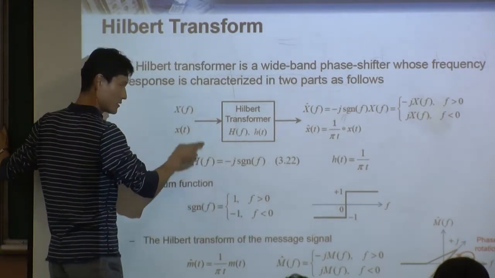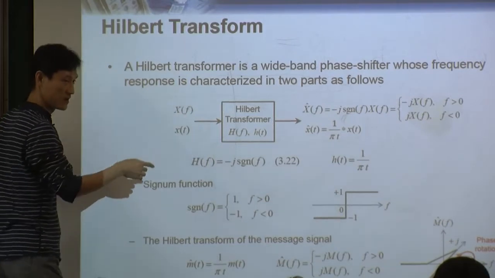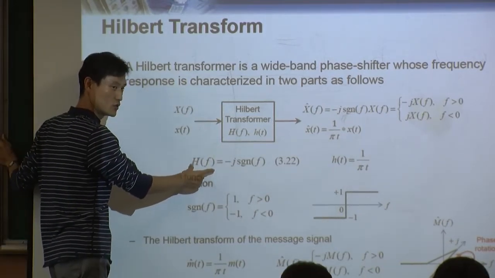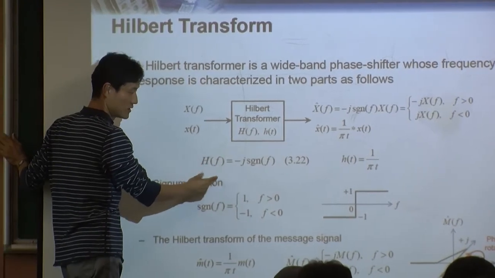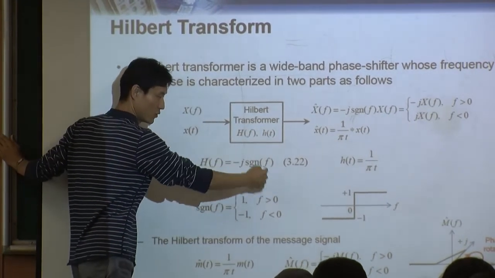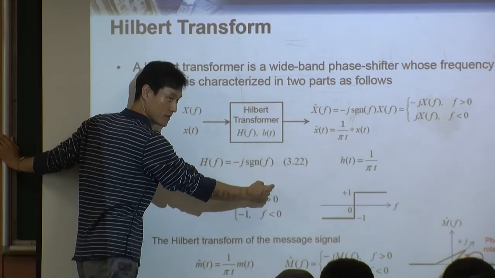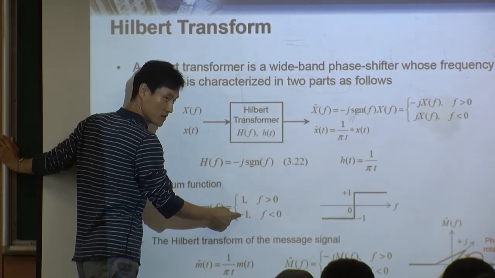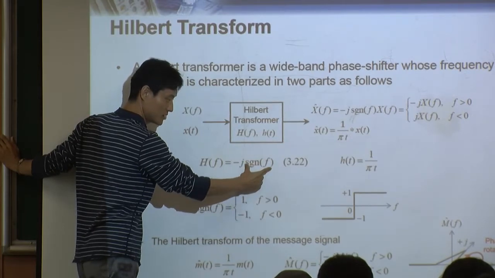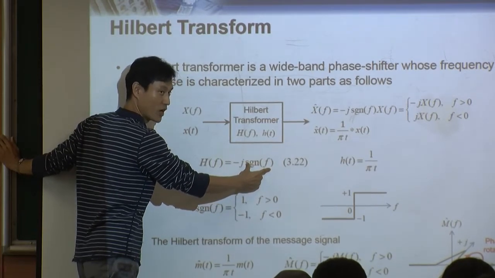But now, since we talked about the all-pass filter, let's think about the magnitude response of this particular filter. Let's take the absolute value. The signum function always gives 1 or minus 1, so when you take the absolute value, it is always 1.